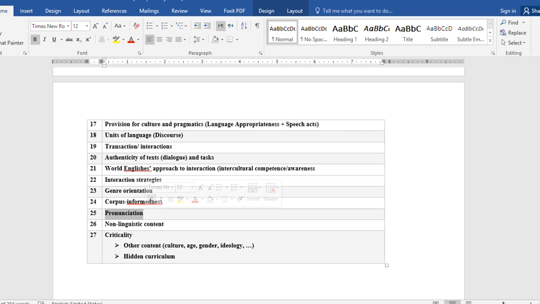Or, for example, the teachers sometimes advise their students, say pupil in order to remember the spelling. They read it pupil, and then they learn it that way.